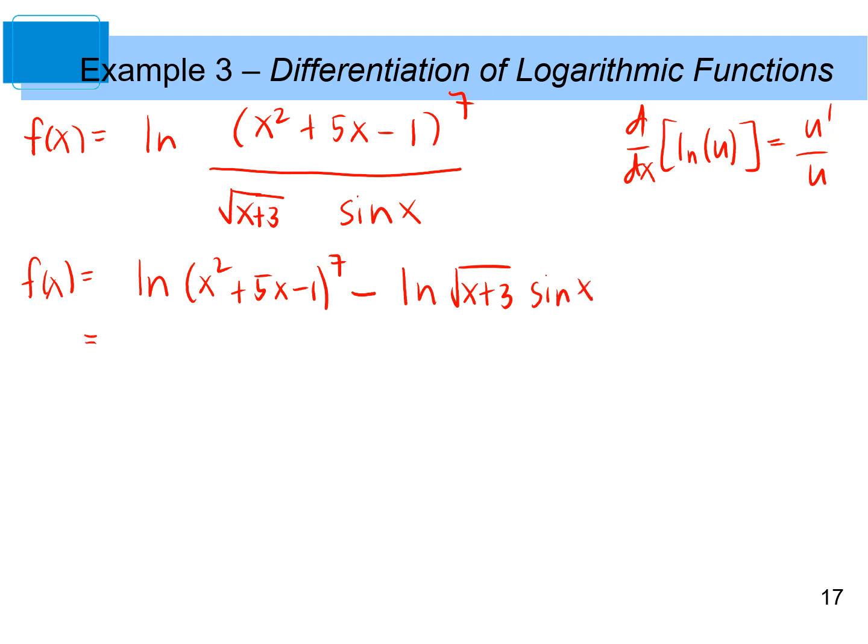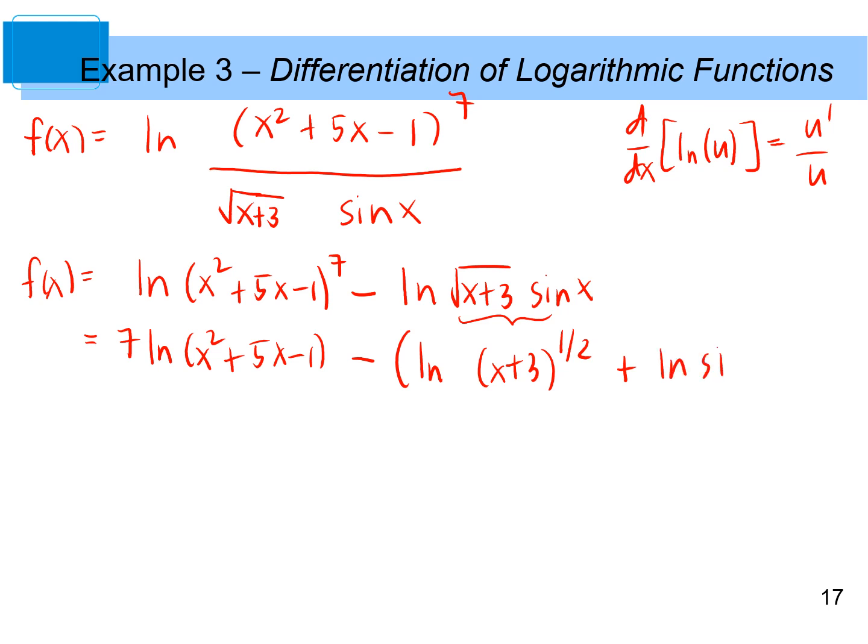Next, we use property 3. For the first term, we can bring down the coefficient, it becomes 7 times ln of (x squared plus 5x minus 1). And then for the second term, we have here a product. We can separate this. So instead of differentiating it outright, we will separate this into ln of (x plus 3), instead of writing square root, we'll just write it as 1/2, plus ln of sine x.